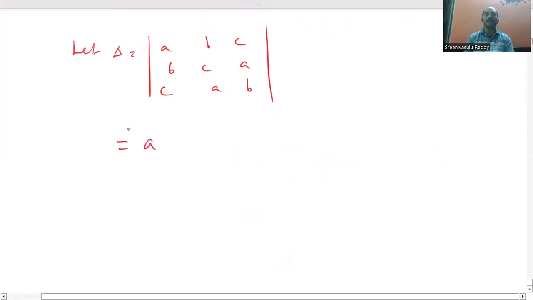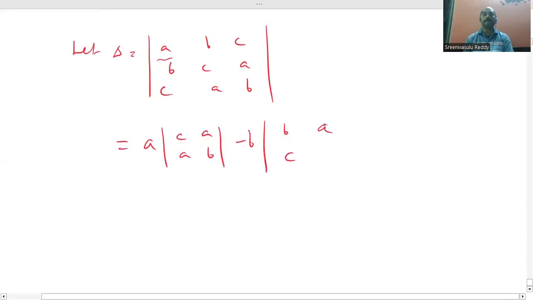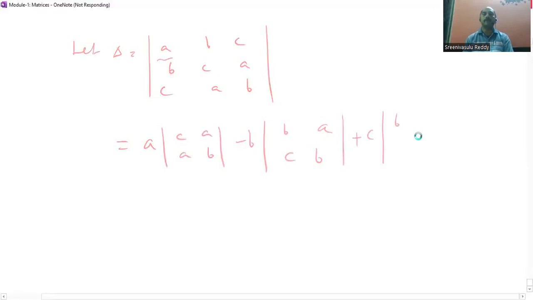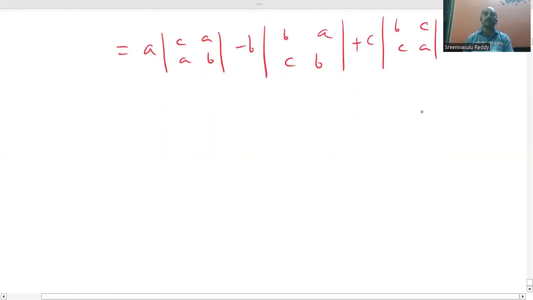If they ask any specific method, first row element into det of C, A, A, B, minus B times of B, A, C, B, next C times of B, C, C, A. Now expand this det value.